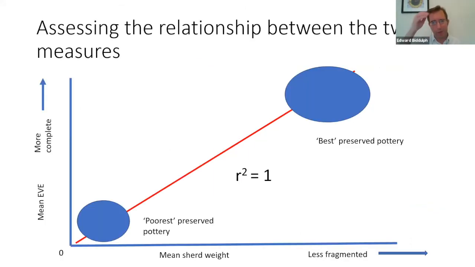Right. So let's get back to our theoretical model, and of course we can apply a little bit of statistics here. If there was a perfect relationship between mean eve and mean sherd weight, in other words, as mean sherd weight increased, mean eve increased in proportion, then doing regression analysis and looking at the R² statistic, this line represents R² equals 100%.